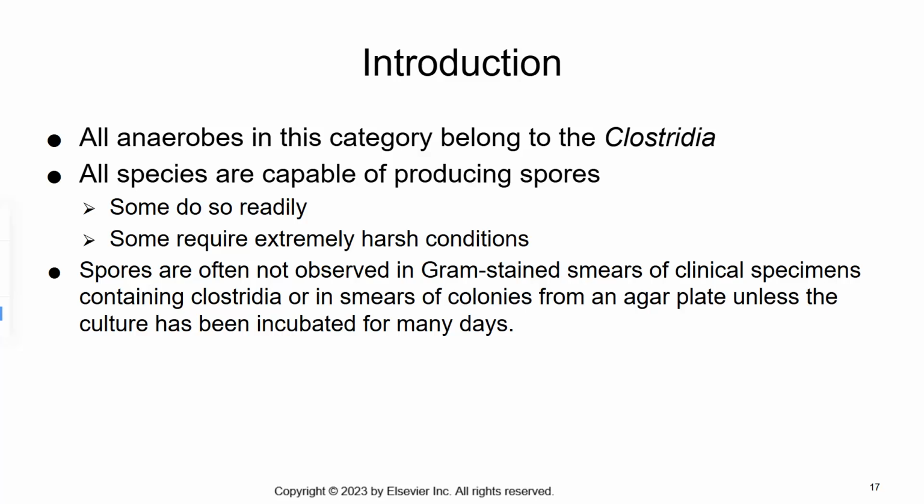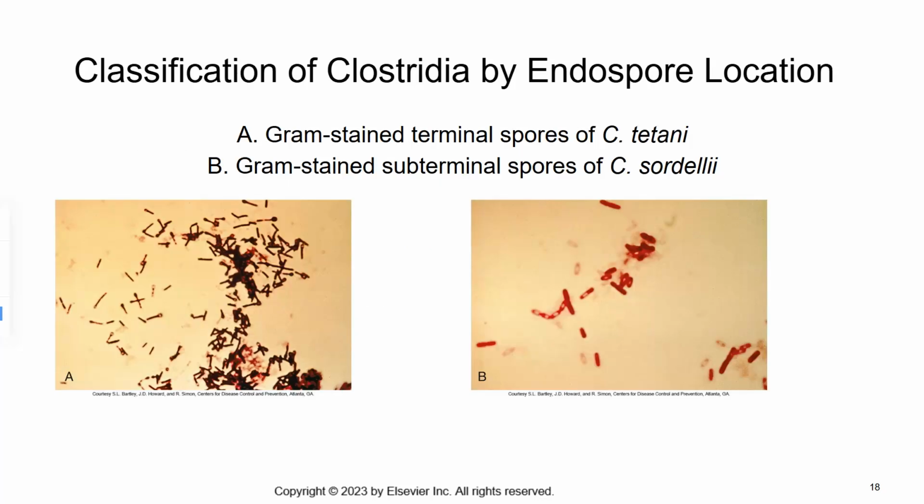Spores are not observed in gram-stained smears of clinical specimens containing Clostridia or in smears of colonies from an agar plate unless the culture has been incubated for many days. The species is usually differentiated based on the location of where the spores are.